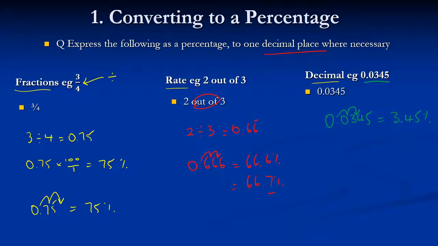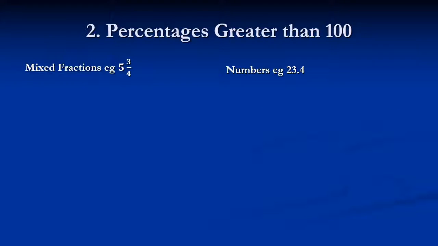We want it to 1 decimal place, so we're going to round that up to 3.5%. Now if you wanted to use your calculator, you would just go 0.0345 times 100, and you would come out with 3.45, and then you would round that up to 1 decimal place because that's what the question was asking for, to 3.5%.